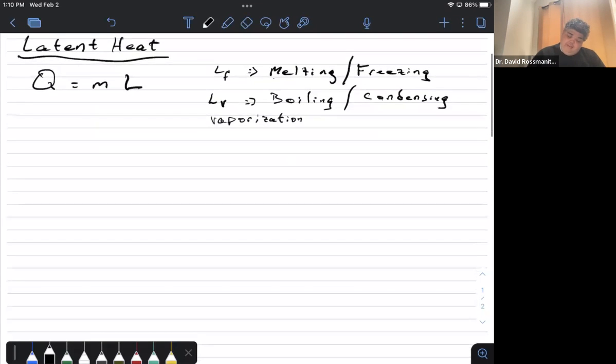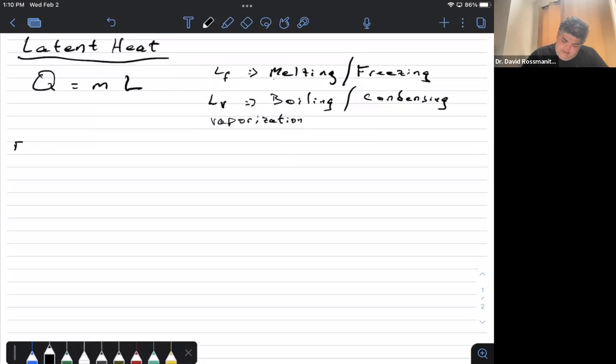All right, so let's do an example. Here's an example, a little different than what we did last time, but it's still the same type of problem. The problem says: you have half a kilogram of ice at -8 degrees Celsius.